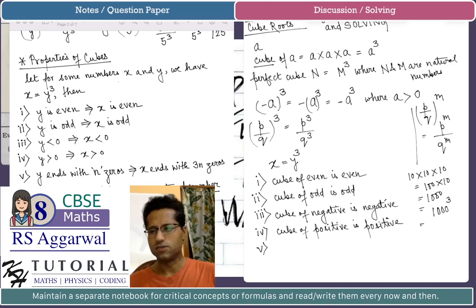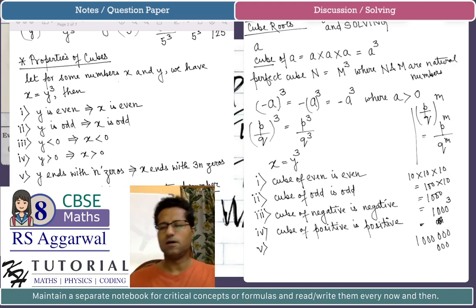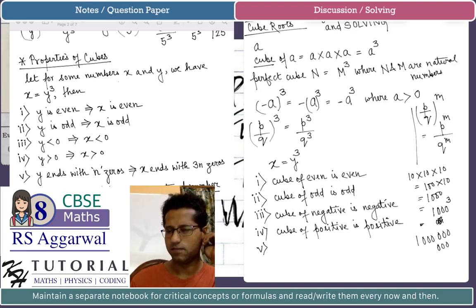The number 1000 ends with 3 zeros, and 1000 cube will have 9 zeros. So it is ending with 3 into 3, 9 zeros. So if y ends with n zeros, its cube, x, will end with 3n zeros.